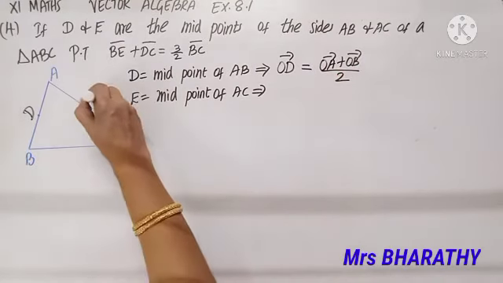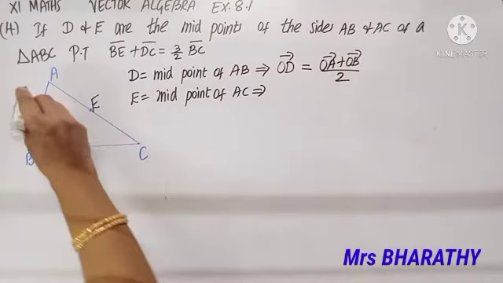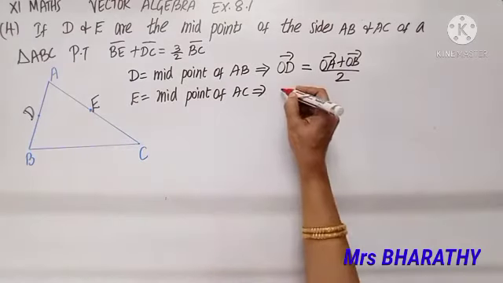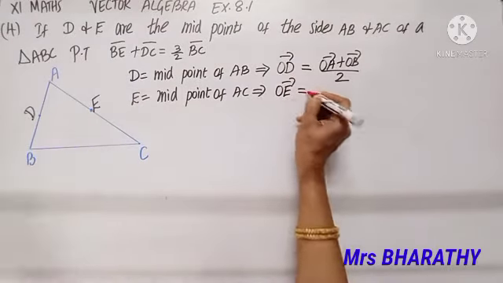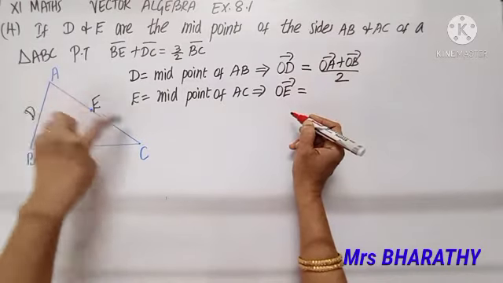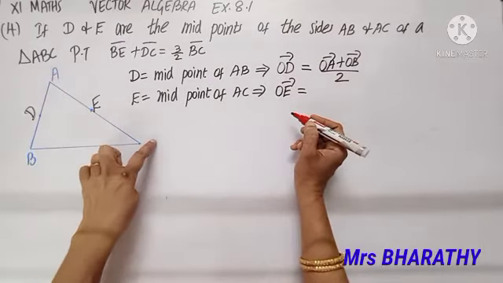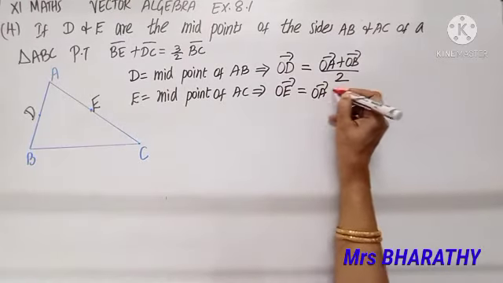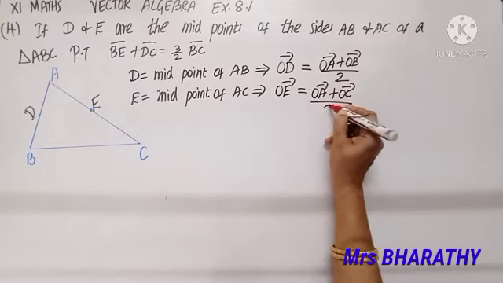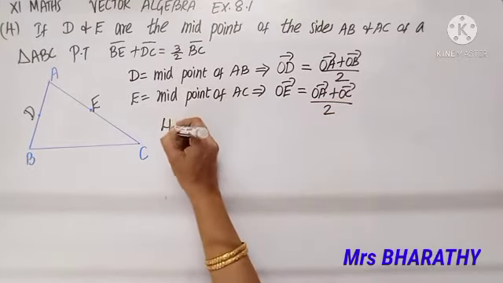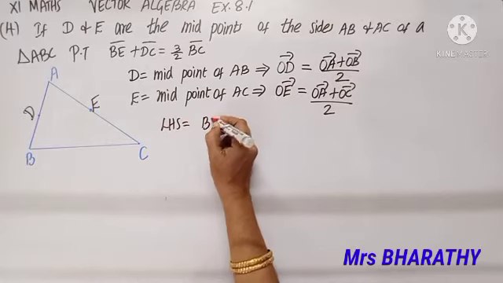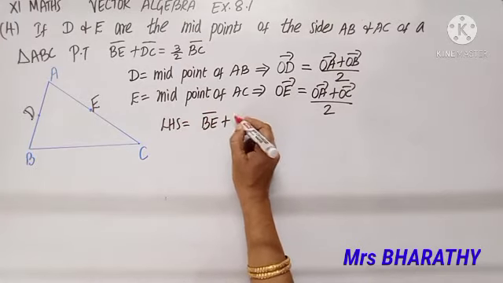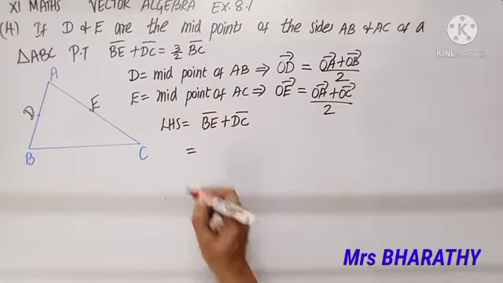Similarly, E is the midpoint of AC. So what is the OE vector? It is 1:1, so OA plus OC by 2. Now we need to prove the result. Let us start from the LHS. I want BE vector plus DC vector.